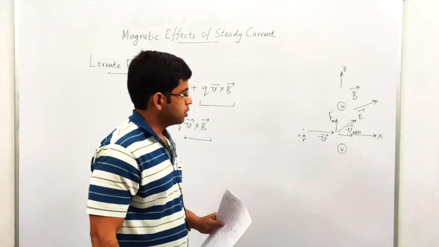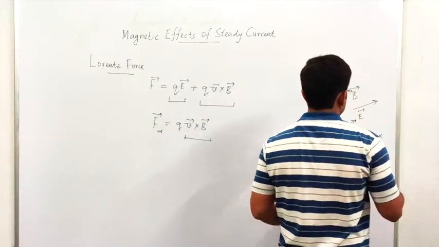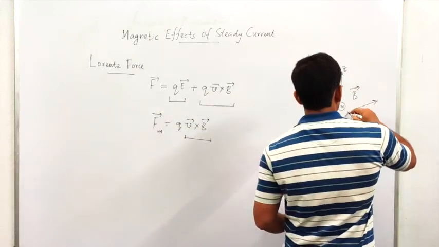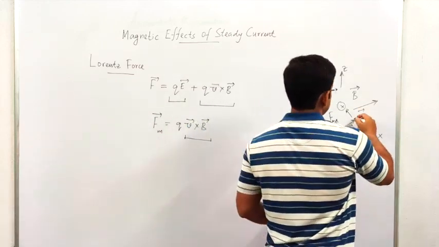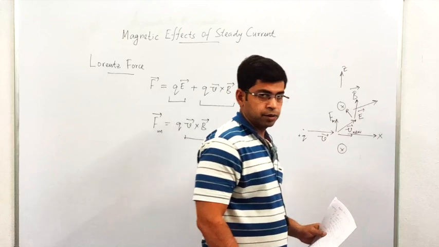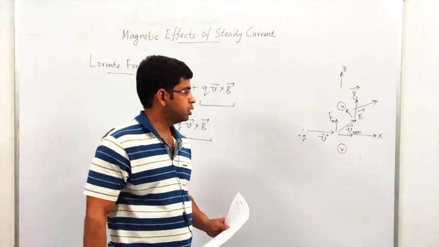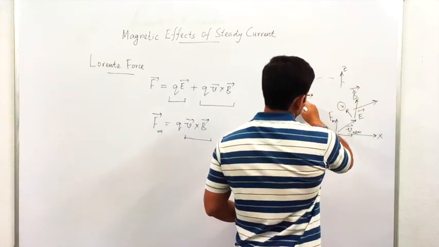Again at this point, considering the instantaneous velocity here, the magnetic force will again be directed perpendicular to the velocity at this point. So again there will be a resultant velocity somewhat along this direction. So this process will continue, and the net effect will be that the charged particle will follow a circular path.